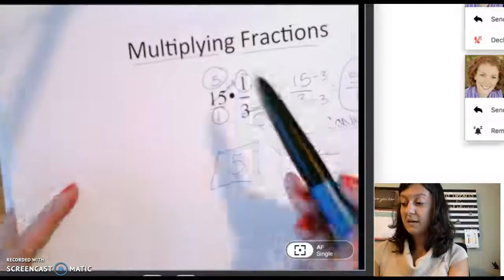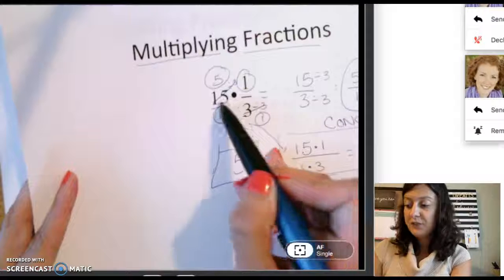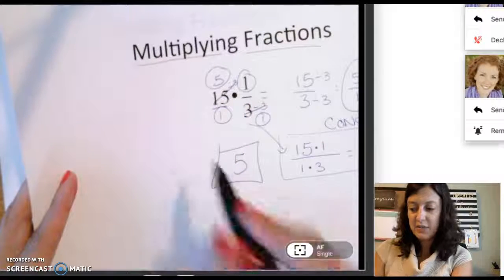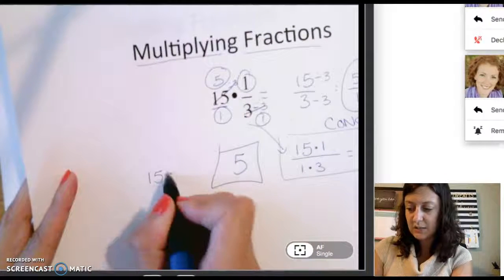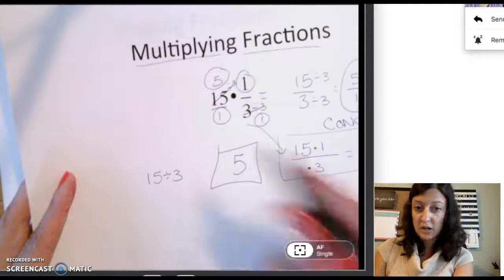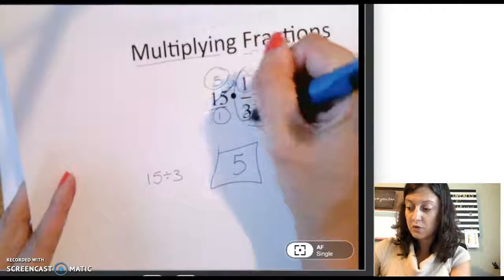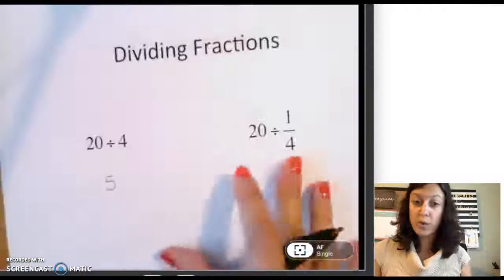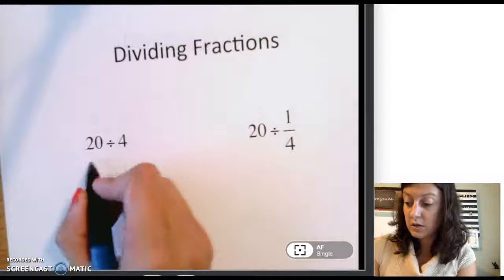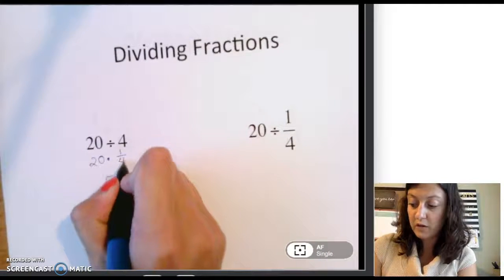Okay. Now, if we go back and looked at this first example we did, 15 times 1/3 is the same thing really as saying 15 divided by 3. So really what you did here is you took this division and you turned it into multiplying a fraction. We're going to do the same thing here. 20 times 1/4.